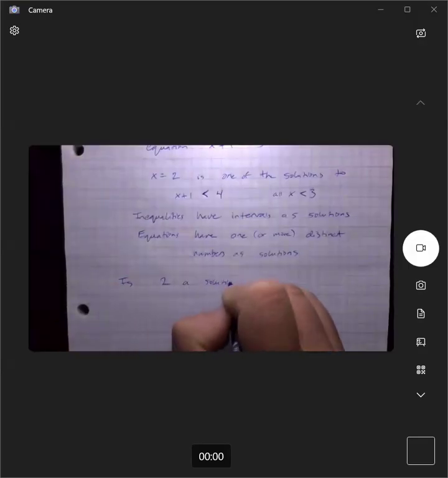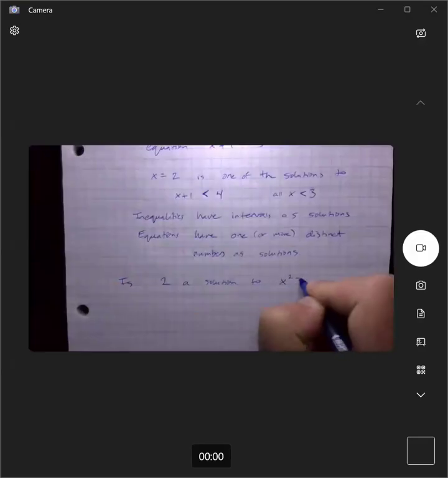Many equations have a single solution, but some equations have multiple solutions. So for example, is 2 a solution to x squared equals 4? Well, we can check that by plugging it in. X squared equals 4. Replace that with a 2. We're now evaluating an expression, so I'm checking both sides, and I get 4 equals 4. Yes, 2 is a solution to x squared equals 4.